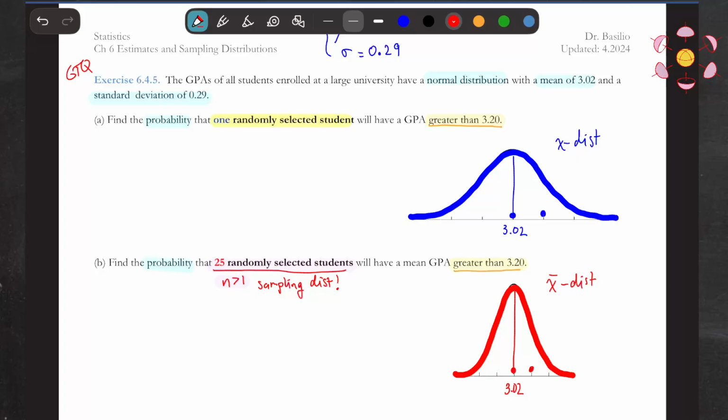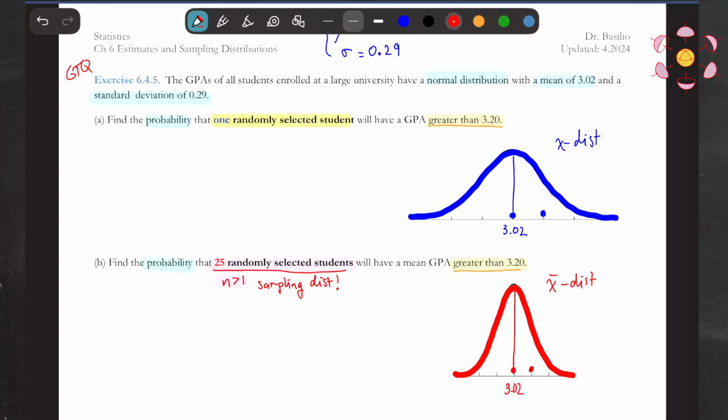But that is way different than in part one. It's like a single student having a GPA of 3.02 versus the entire random group of 25 students, who are all going to have their own GPAs. But when I take the average, it's 3.02.